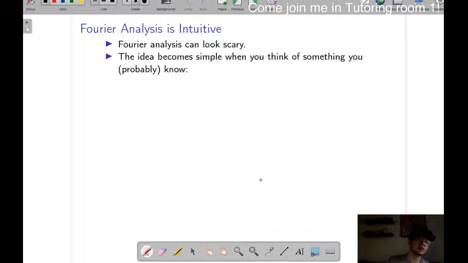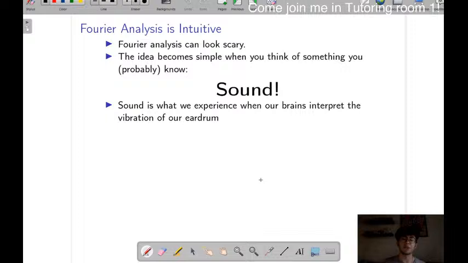Your brain actually does something very similar to Fourier analysis, just in your head. And this is accomplished through your eardrums, the thing that converts the vibrations in the air, these sinusoids that are hitting your ears, into something that you can distinguish as what we call pitch a lot of times, frequency.